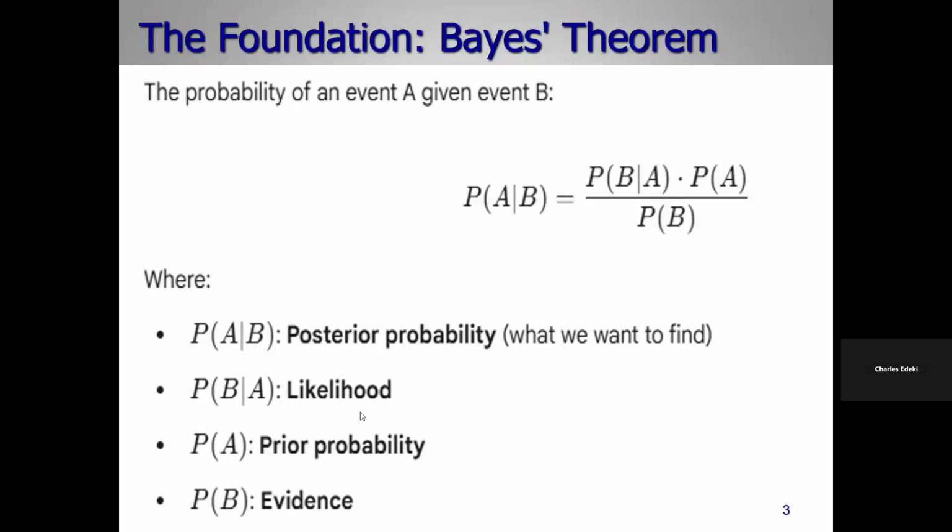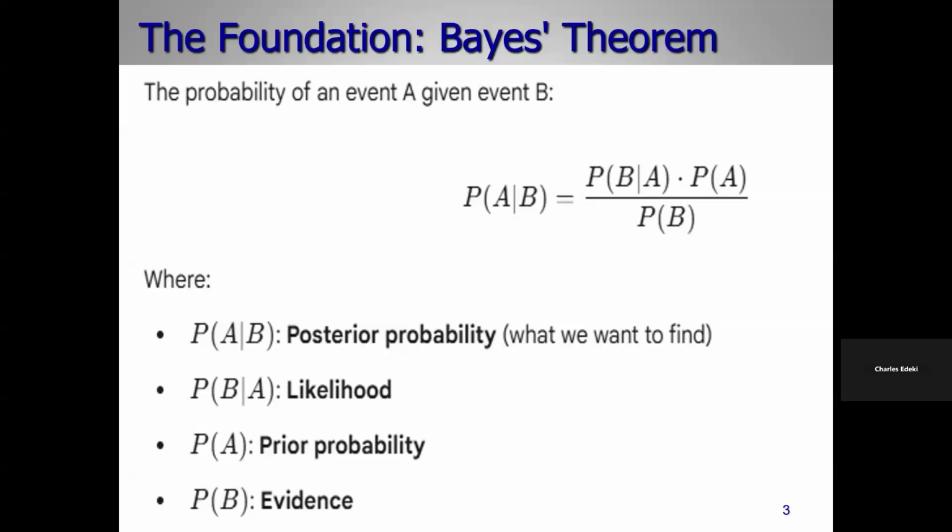Yeah. So the term naive describes the algorithm's simplifying assumption. As we said, it assumes that all features used for classification are independent of each other, given the class.